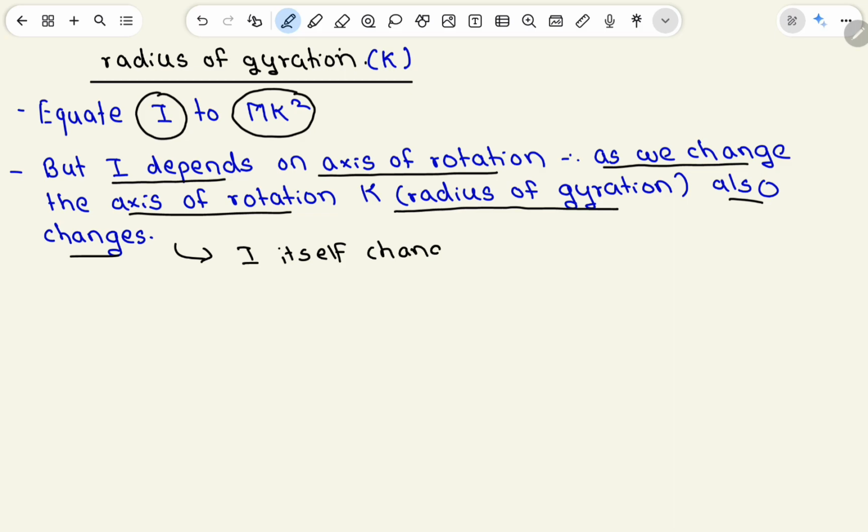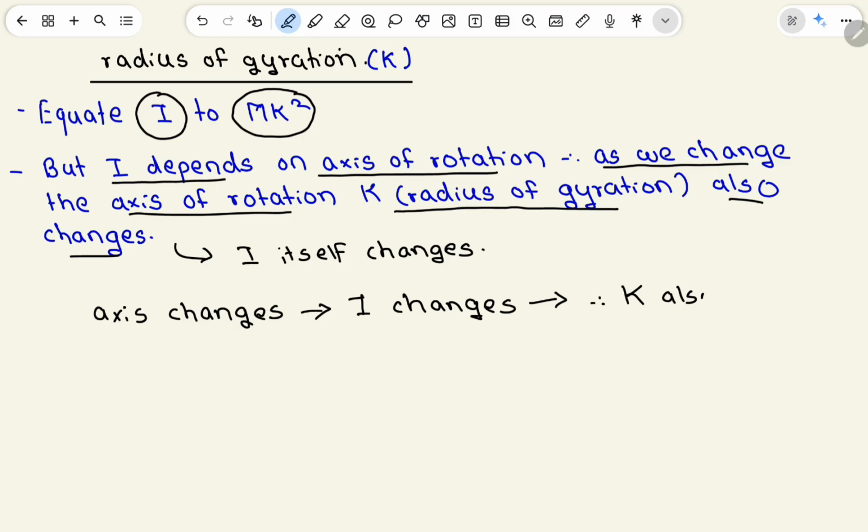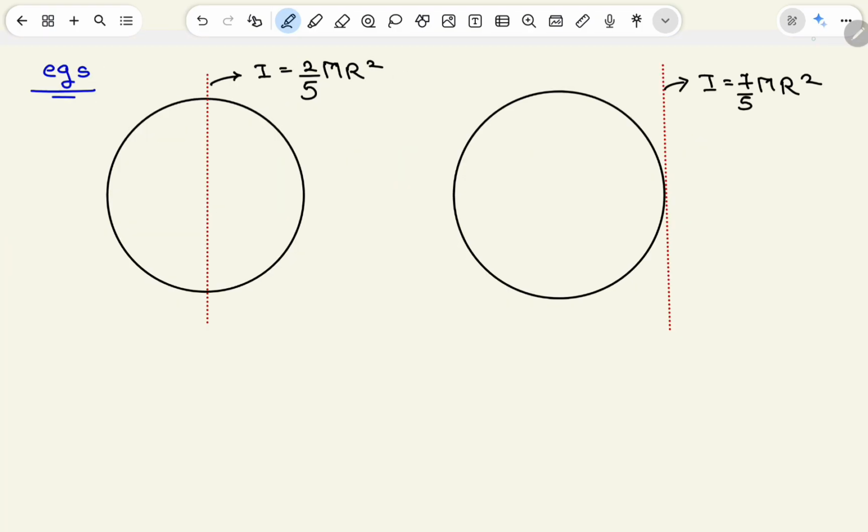So when axis changes, I changes. Therefore, radius of gyration also changes.